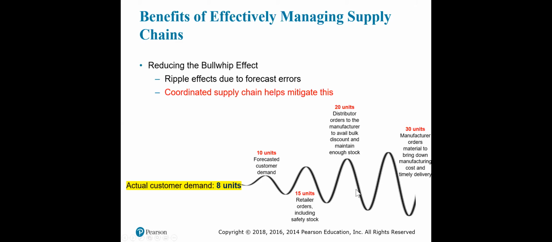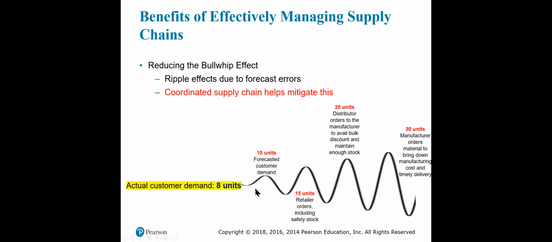The actual customer demand was 8. However, while it went through the supply chain, finally the manufacturer ordered 30, which made the oscillation, right? There were forecast error, safety stock, and ordering bulk stock for a discount.